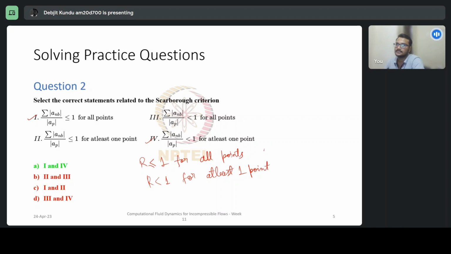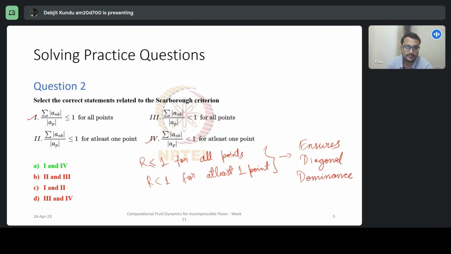What this does is that it ensures diagonal dominance, which is necessary for smooth convergence of a solution scheme.